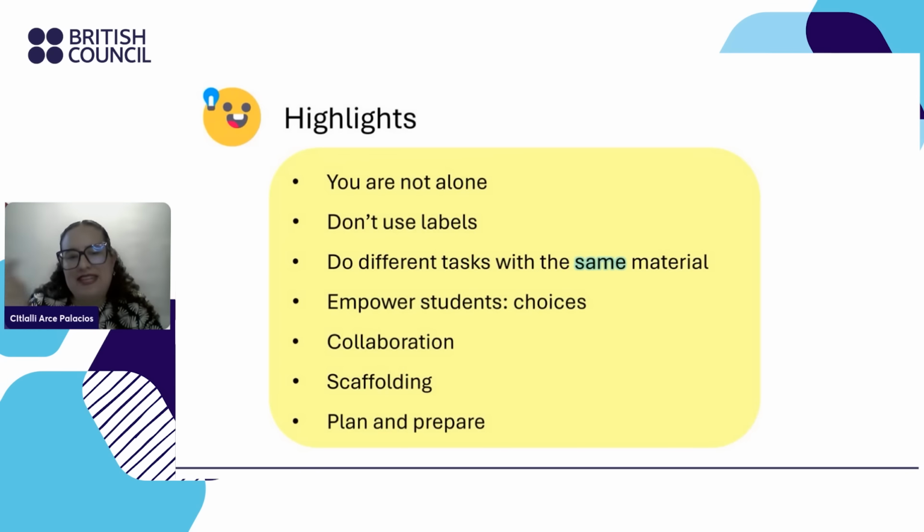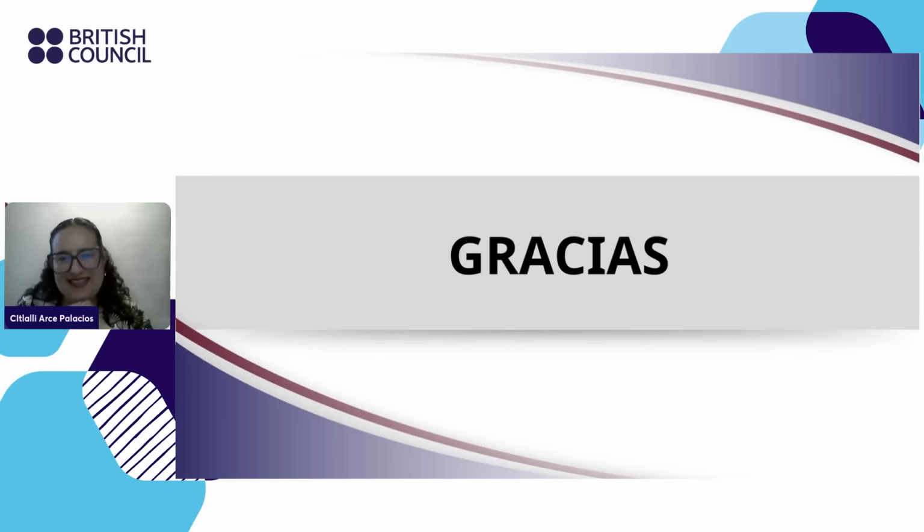We can have different kinds of groups. Scaffolding is always going to be necessary. And then we also know that we have to plan and prepare with another activity for fast finishers. We have a lot of things that can already be a bank that we can have there. Well, thank you so much.